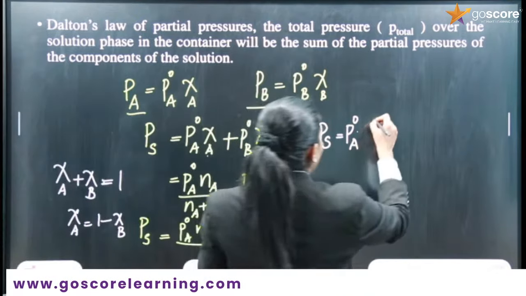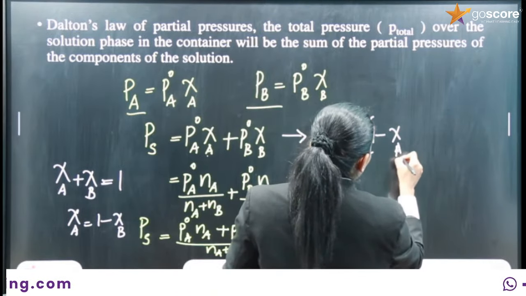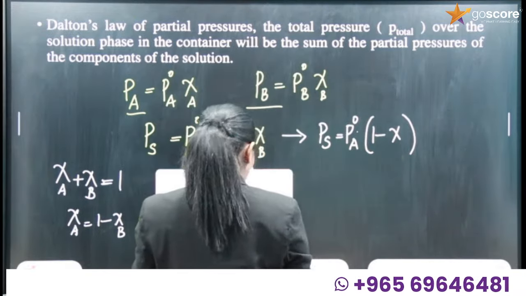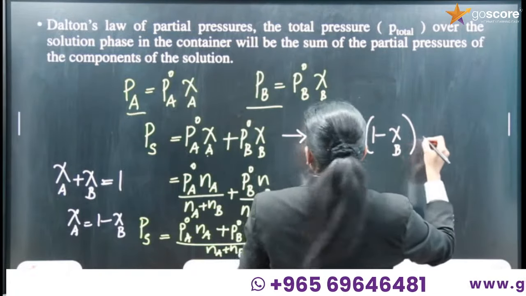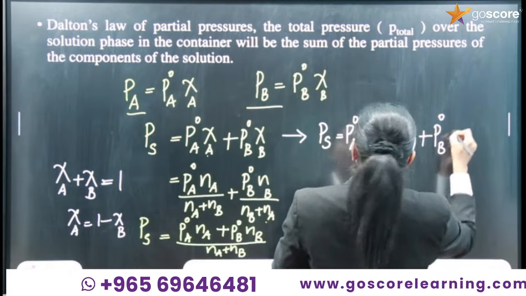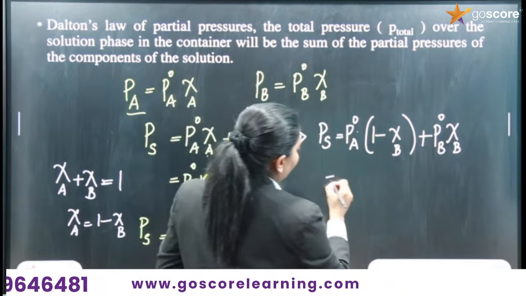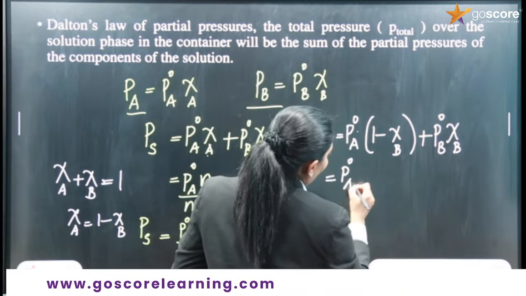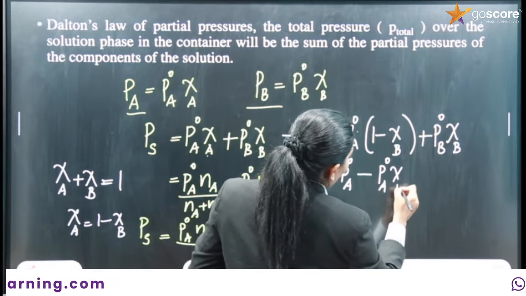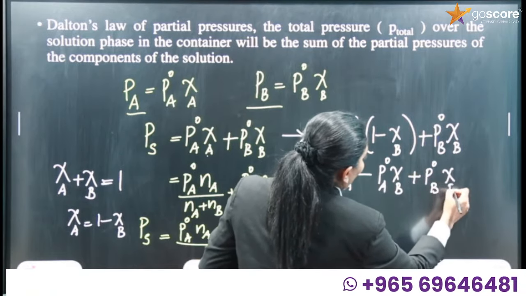So, I am writing here instead of chi A, 1 minus chi B, plus what? P naught B into chi B, right? So, here what will we get? P naught A minus P naught A into chi B plus P naught B into chi B, right?